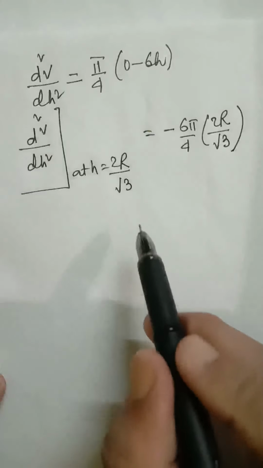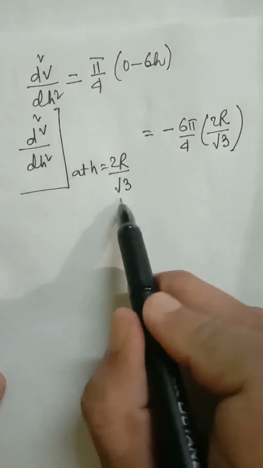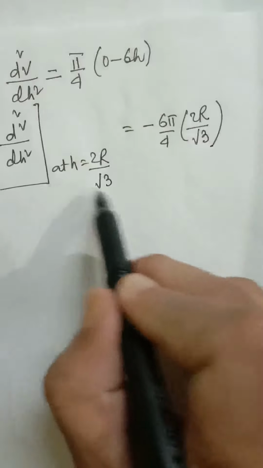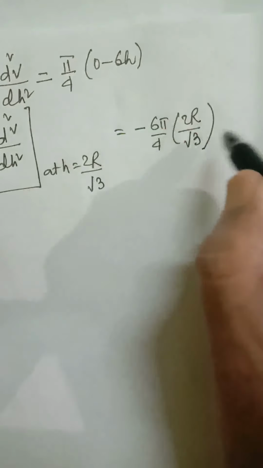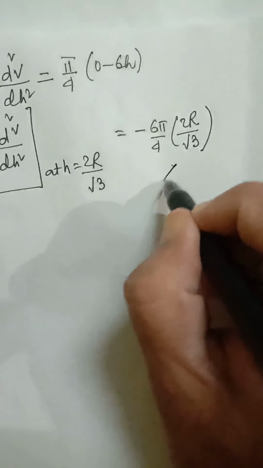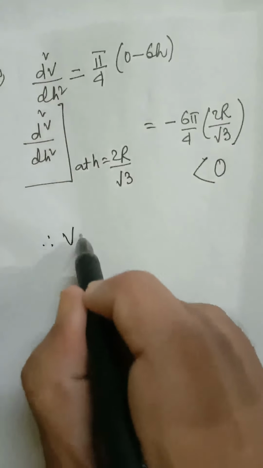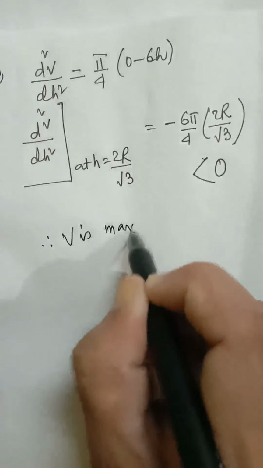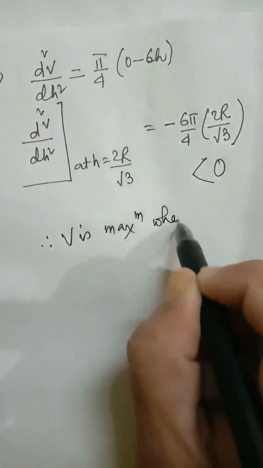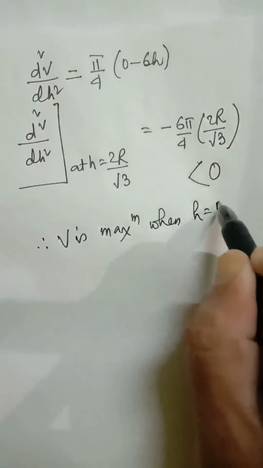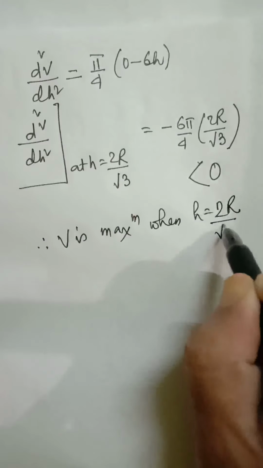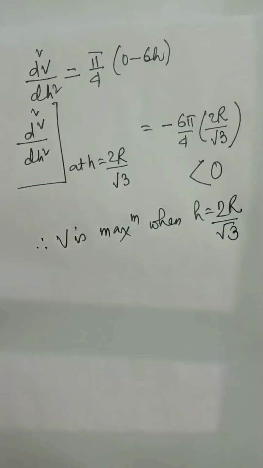As our stationary point is h equal to 2r by root 3, putting h equal to 2r by root 3, we get this, which is negative, less than 0. The value of this is less than 0, minus of something. Therefore V is maximum when h equal to 2r by root 3. This is the first part of the question.